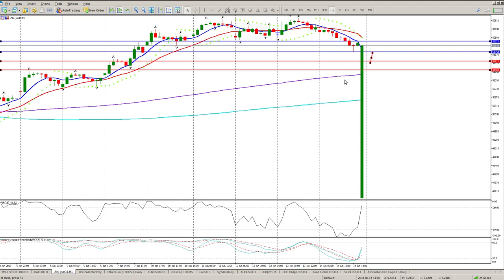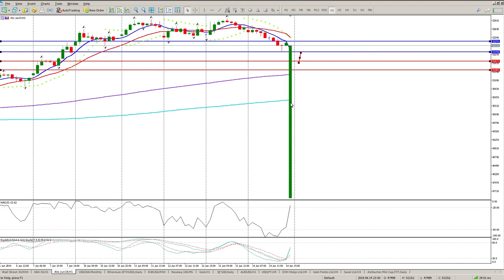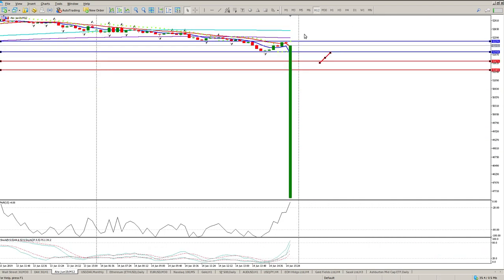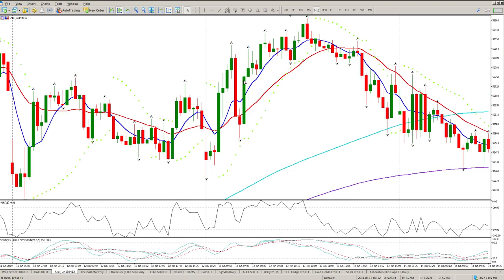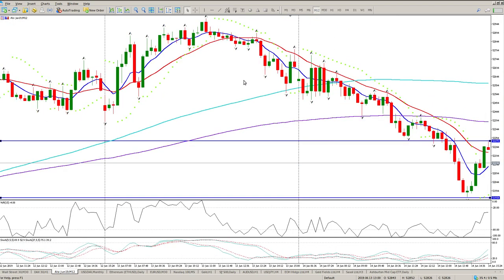So expect some more volatility until Thursday. You've got lots of volatility today with all the bankers talking, volatility tomorrow, and then volatility again on Thursday with the futures closeout. So nice volatile week, and if you've got patience, you could pick up some decent trades, or alternatively start looking at things like the 12-minute and 15-minute charts and trade accordingly.